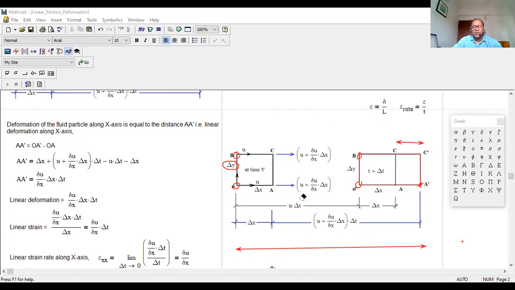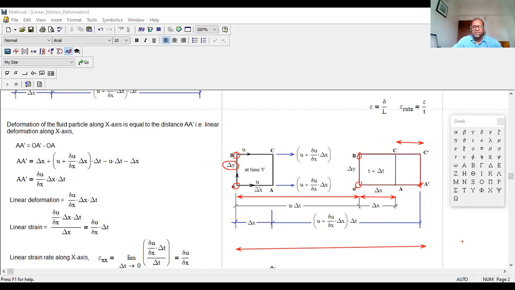Similarly, we already know the distance from this point to this point, delta u t. Now, how can I figure out this distance? Take the total distance and subtract this one. If I make one more line, line CA, we are taking an imaginary line.